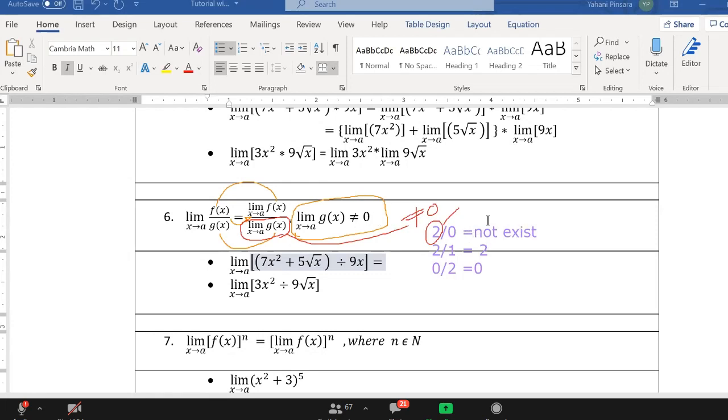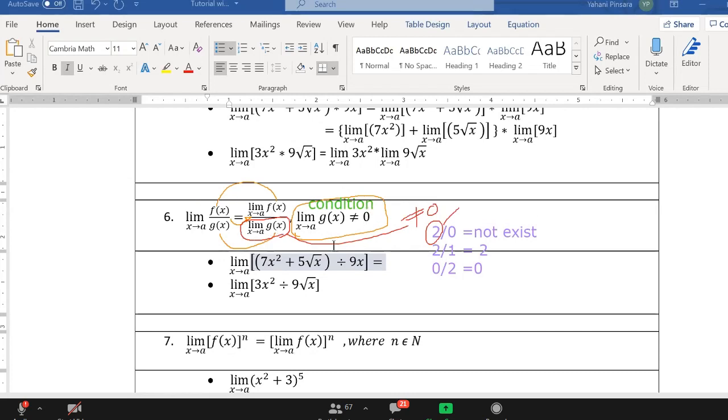That's why we are embedding this condition. So this is a condition. We have applied a condition to this law.